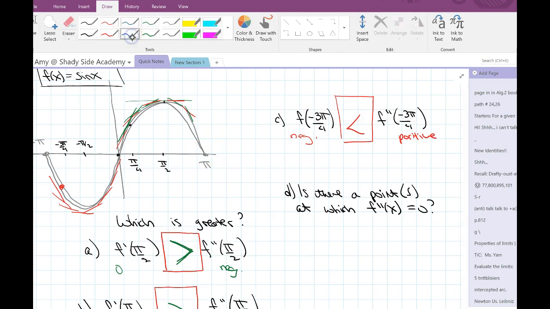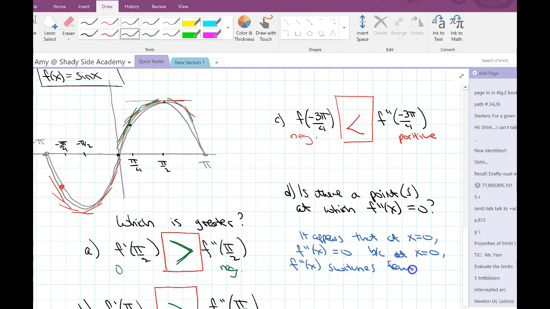So it appears that at x equals 0, f double prime equals 0, because at x equals 0, f double prime of x switches from being positive to being negative. We will talk a whole lot more about this later on.